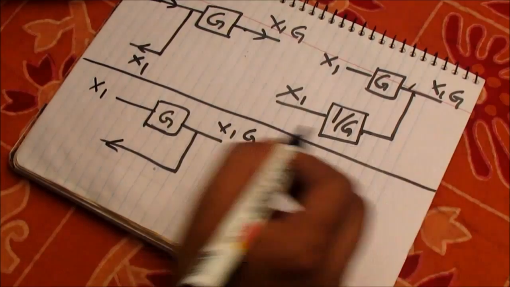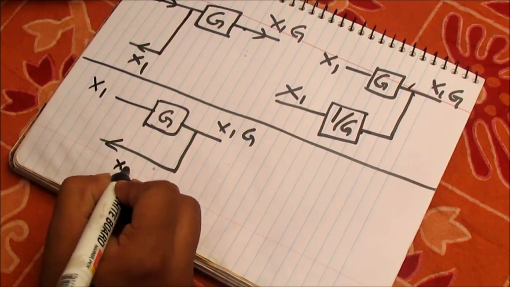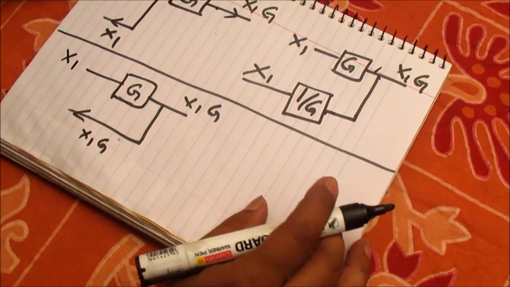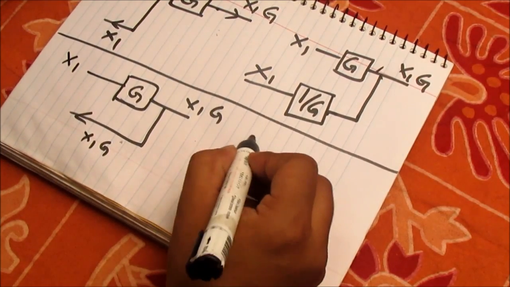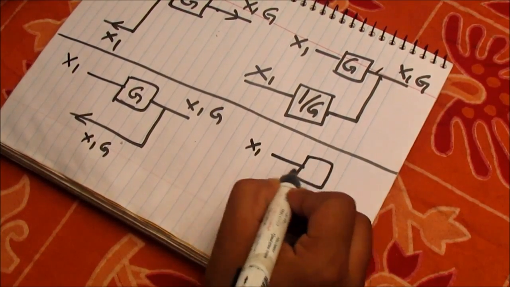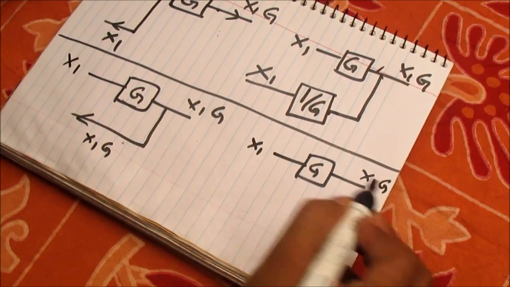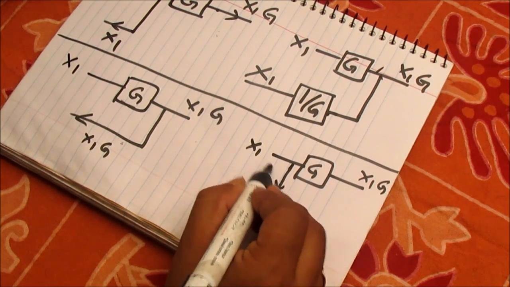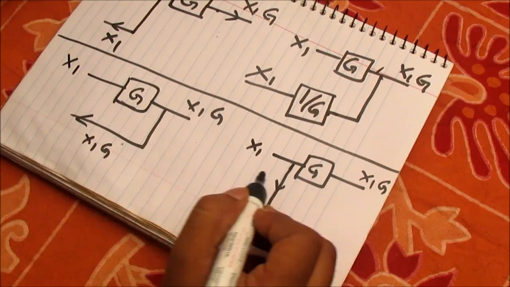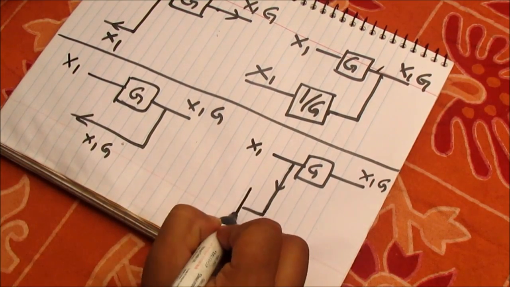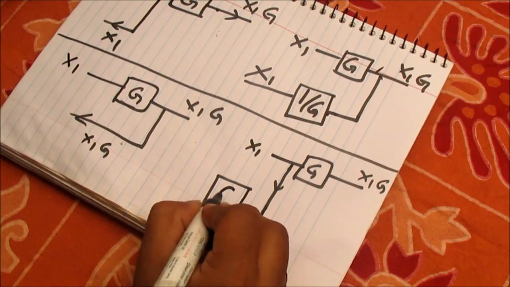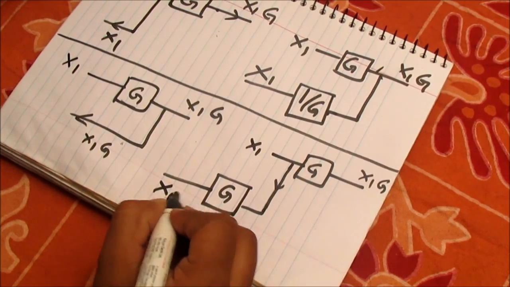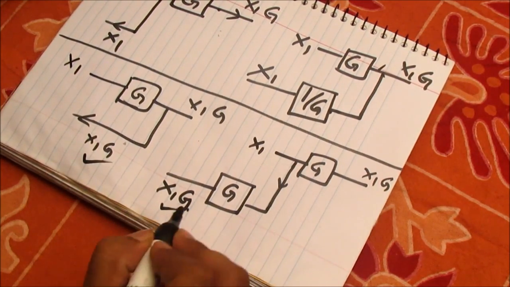So the value of this takeoff point is x1g, and I have to place this takeoff point here, that is before the block. The value there will be x1 and the desired value is x1g. So I simply put a gain block which has value g, so that I will get the value of the takeoff point as x1g, similar to this point.